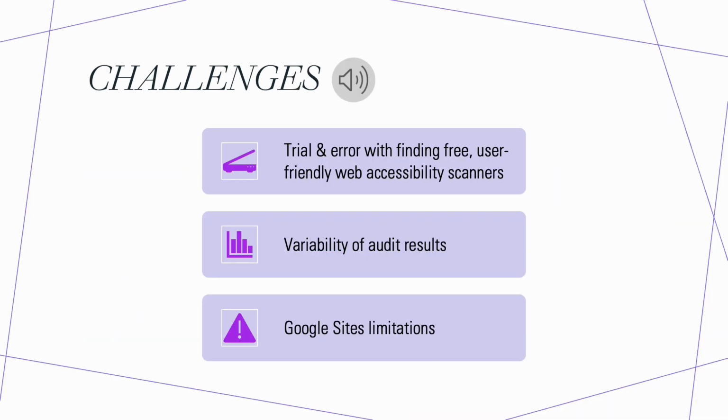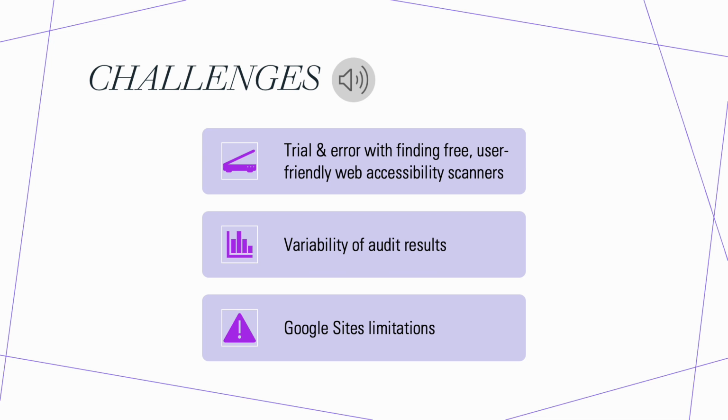Thanks to the availability of many useful options for technology, creating resources for our poetry lesson wasn't terribly challenging. One hurdle that we did run into was auditing the accessibility of our site. Finding free, user-friendly web accessibility scanners that didn't require an extensive input of personal information was a challenge.